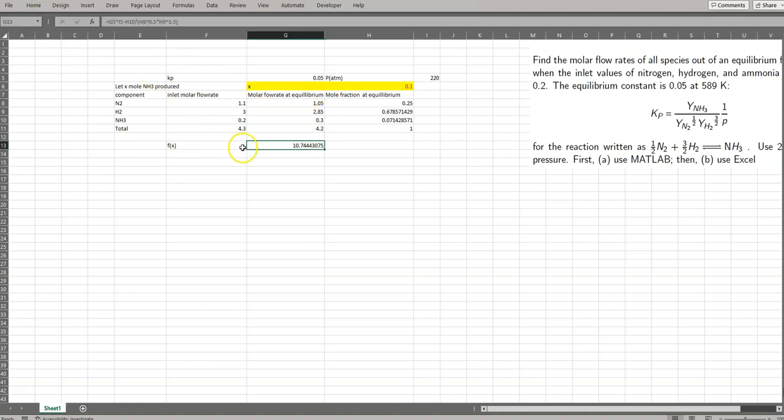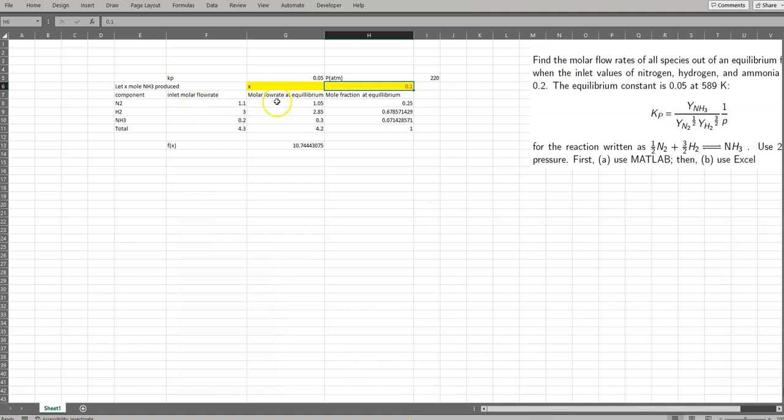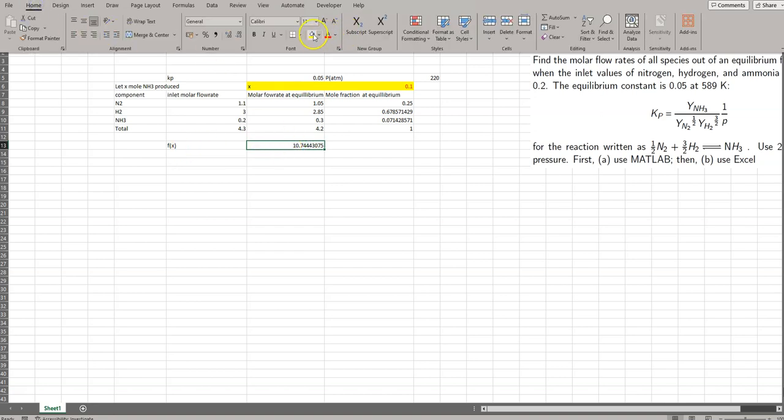Our ultimate target is that f(x) is a function of X, so the root value has to be calculated. By Excel we have to calculate the root of this equation. After getting that, you automatically get all the values, the molar flow rate, mole fraction, everything. Now we will use Goal Seek.